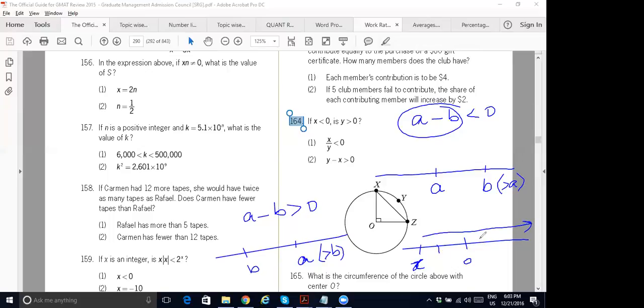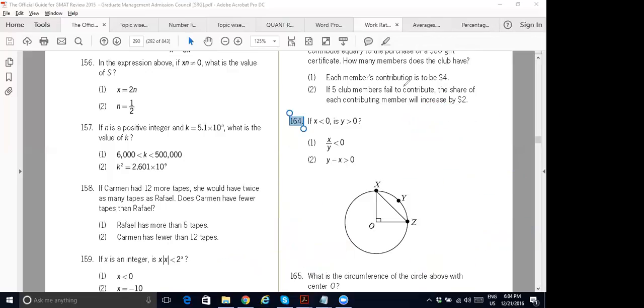It can be here, it can be here, anywhere. So it does not answer the question whether it is greater than 0 or not. So 0 is not like, yeah, I understand. Okay, perfect. We will discuss the number line in greater detail when we do inequality and absolute values.